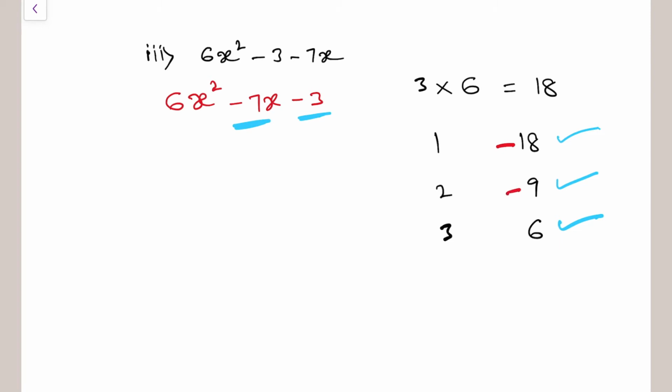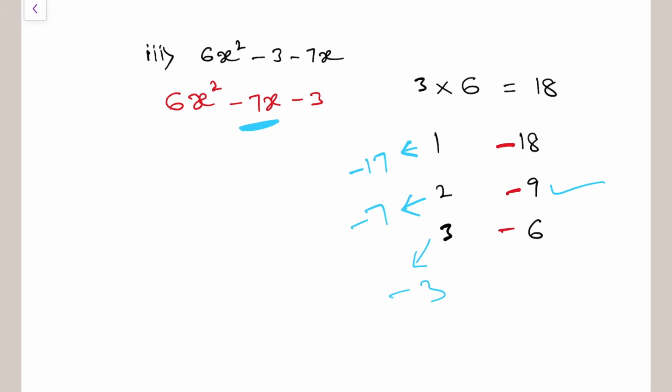So 9 should be negative. In 3 and 6, 6 is bigger, right? That should be negative. Now let us do the calculation of this. 1 minus 18 is minus 17, and 2 minus 9 is minus 7. 3 minus 6 is minus 3. Here the middle term is minus 7, right? So this second pair is the correct pair.